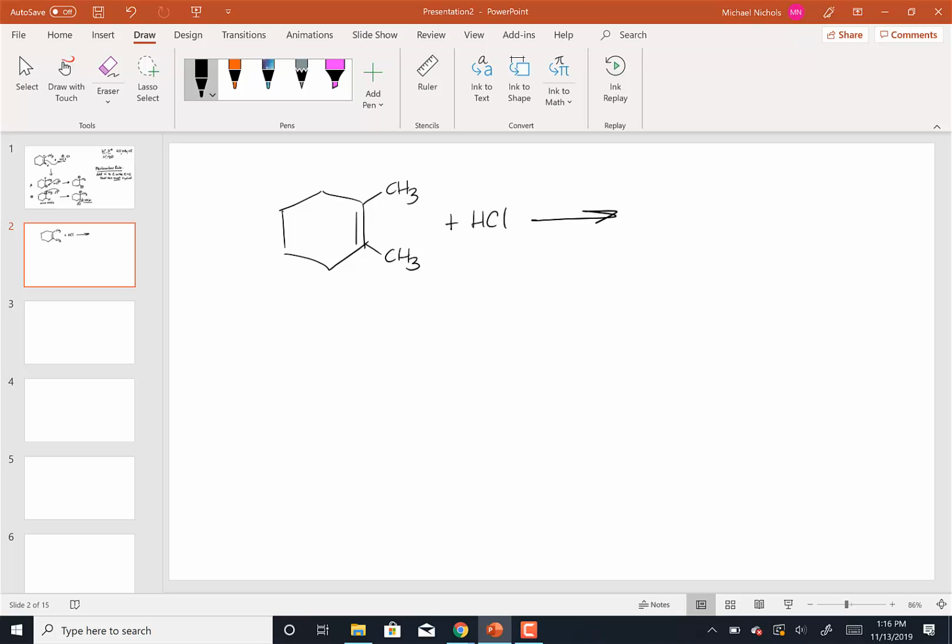Question number 2, how am I adding it? Markovnikov addition. Question 3, how are they added? Are the groups added 100% cis? Are they added 100% trans? Are they added 50-50? Or are they added some random amount?